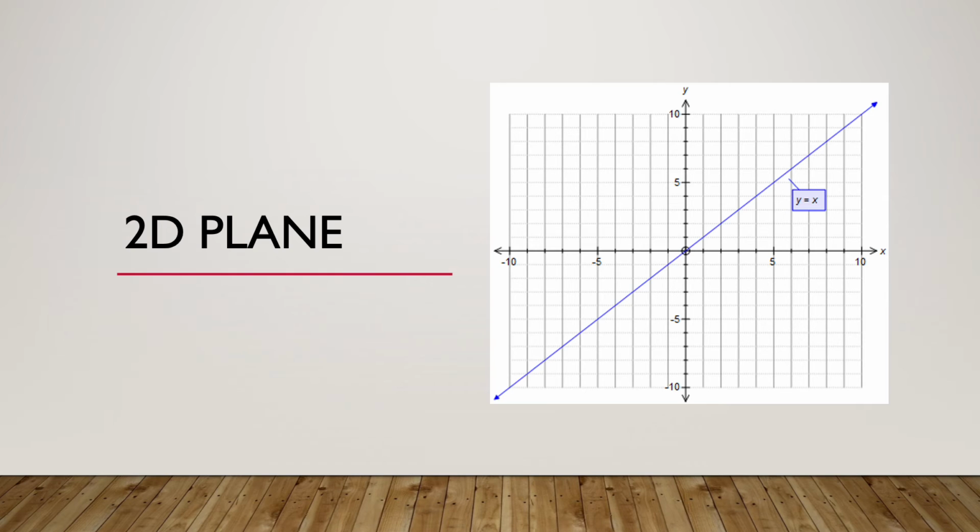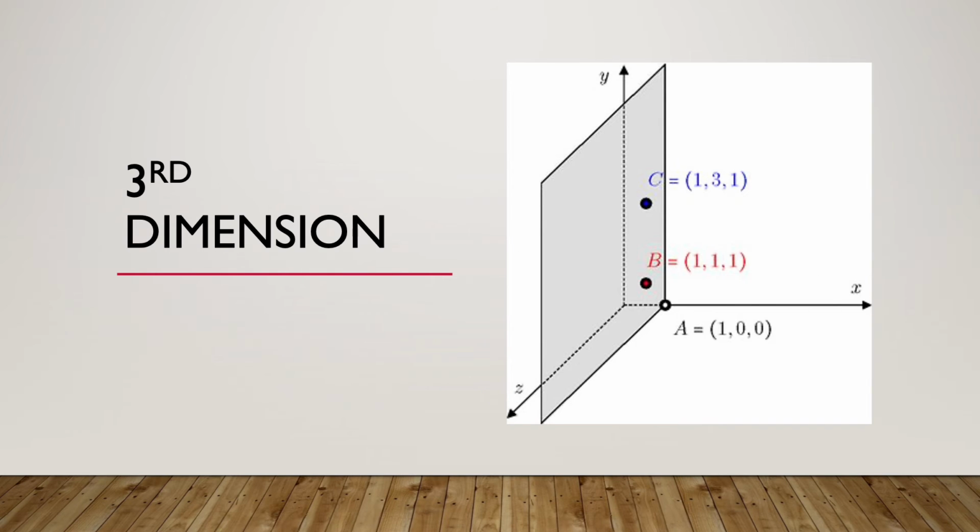Let's furthermore move to a third dimension. In this case, anything that falls on this plane will be not distinct. As we see in examples A, B, and C, each contains an element that is not distinct, and so they all fall within this shaded plane area.